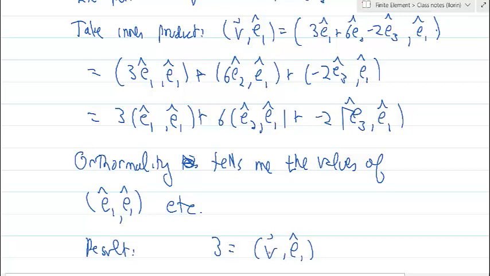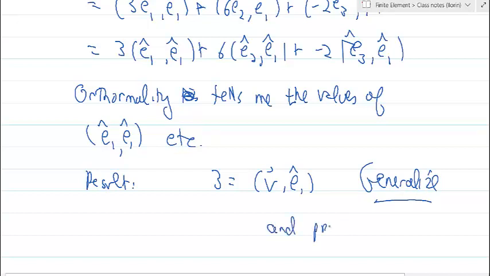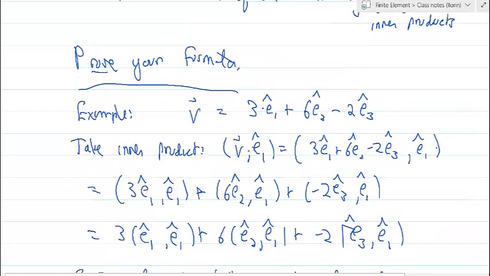So this is one specific example. I want you to generalize this and prove the general formula. The proof of the general formula is very similar to this procedure that I've showed here.